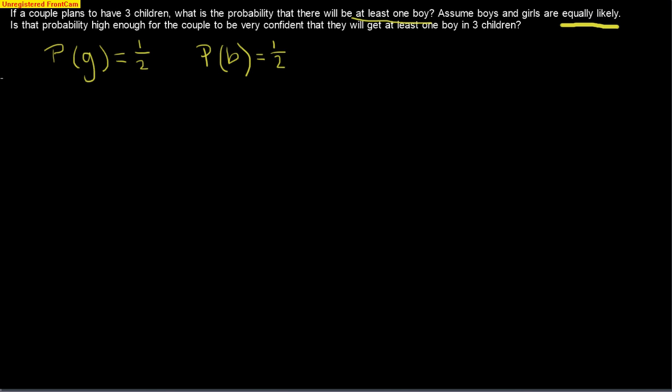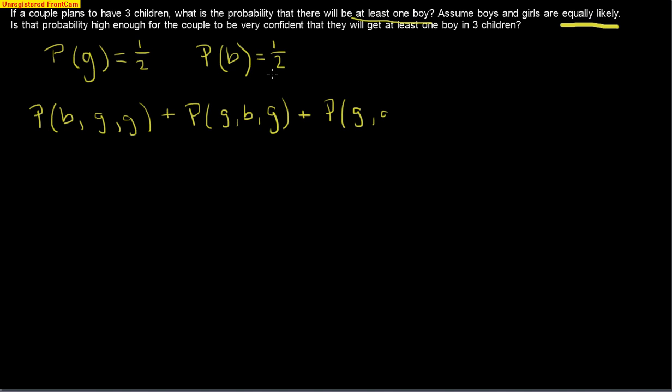So let's think about that. What could happen here? We could have a boy first, and then a girl, and then another girl. We could have the probability of a girl, and then a boy, and then a girl, plus the probability of 2 girls and then a boy.